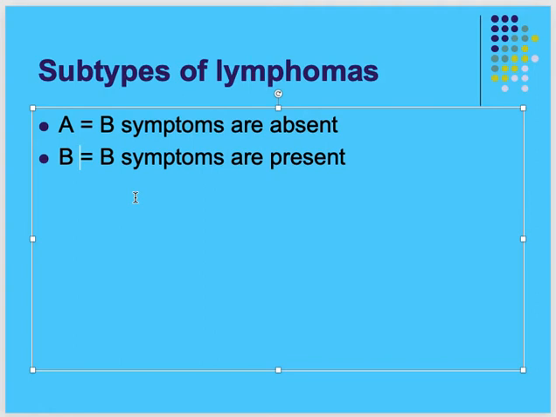Again, different classifications are used. This Ann Arbor system for staging lymphomas can be used for both Hodgkin and non-Hodgkin lymphomas. By the way, there are different prognostic scores for different lymphomas. And one more thing, guys, you remember the aggressive lymphomas.